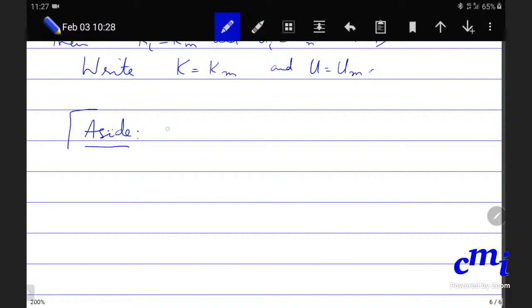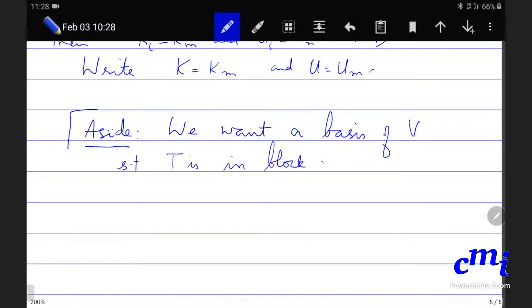Our final goal is to prove that we want a basis of V such that T is in block diagonal form. That the blocks have to have certain properties is a separate issue, which we'll have to solve, but this is what we need.